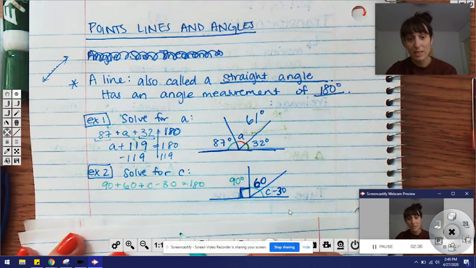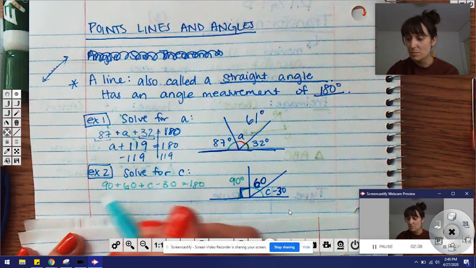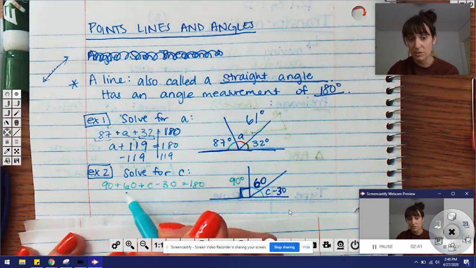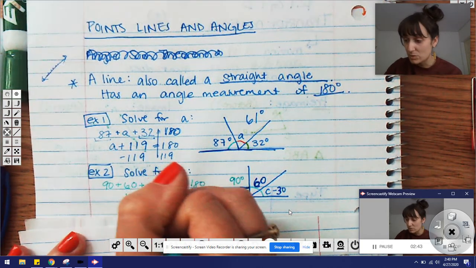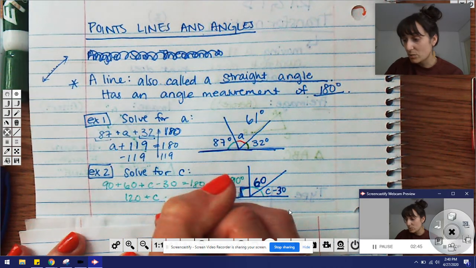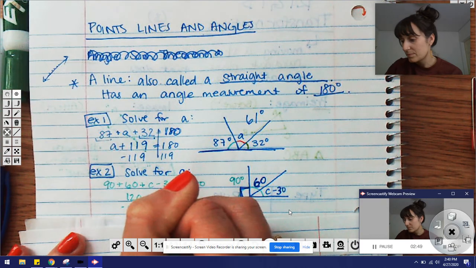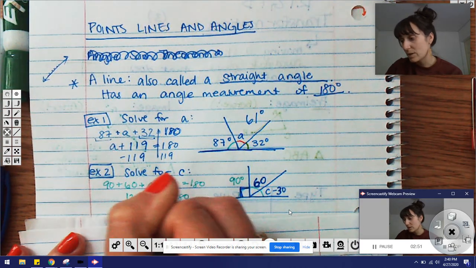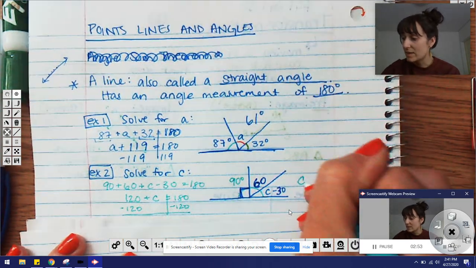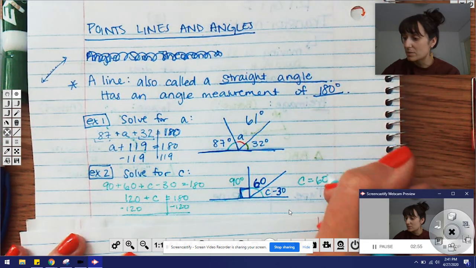I'm going to combine my like terms again. So 90 plus 60 is 150, minus 30 is 120. 120 plus C equals 180. I subtract 120 from both sides. Now I get C is equal to 60.